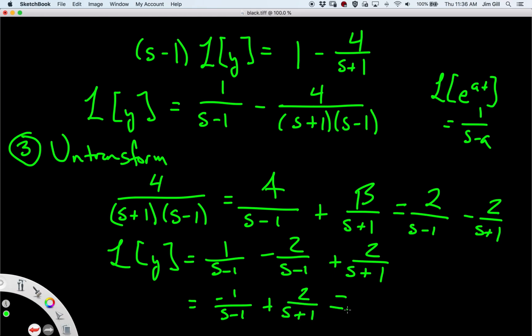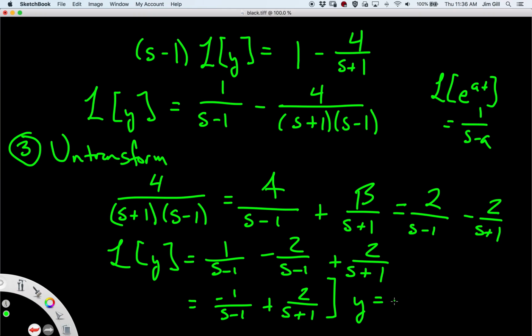And now we undo the Laplace transform. E to the t becomes 1 over s minus 1. Well, I shouldn't use an equal sign right here. We're done with the Laplace transform part. Now I'm ready to untransform.